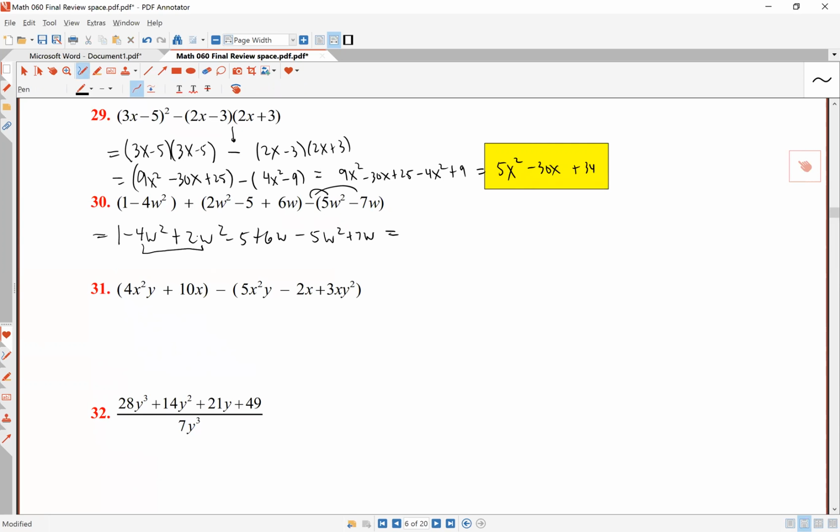Negative 4w squared plus 2w squared is negative 2. Minus 5 is negative 7w squared. 6w plus 7w is 13w. And 1 minus 5 is negative 4.